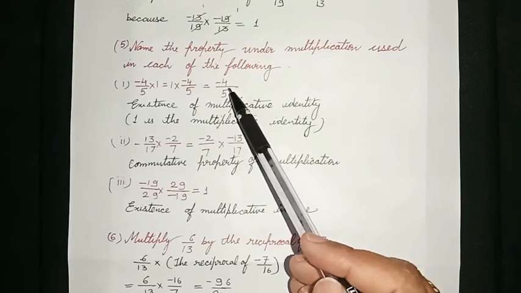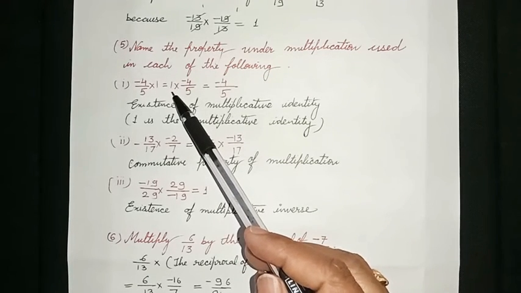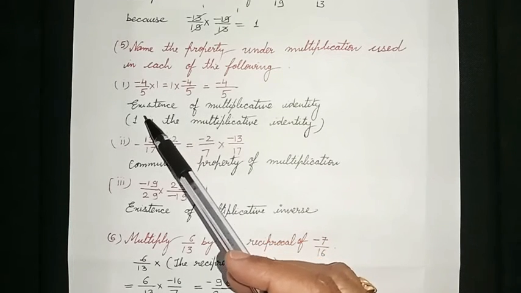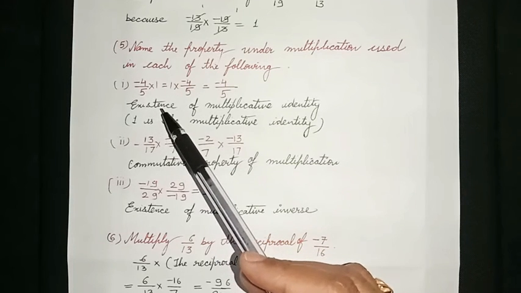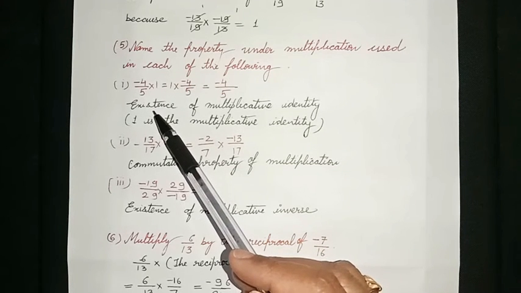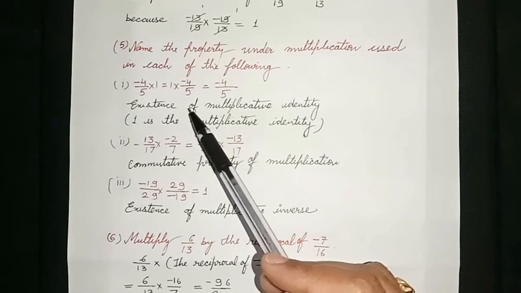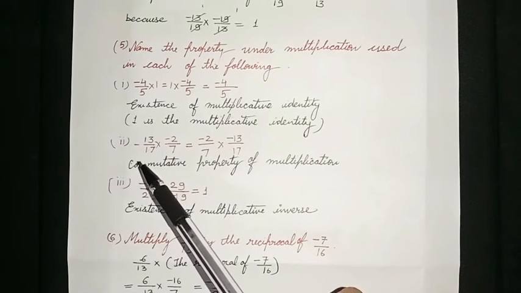In this property you can see here 1, here also 1. One is the multiplicative identity, or you can say here you have seen the existence of multiplicative identity.